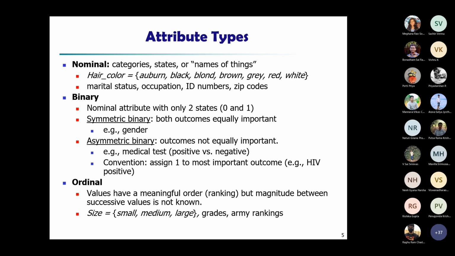Now, next is binary attribute. What is a binary attribute? It is a nominal attribute with two states, 1 and 0. That is also not a numeric value, it's just 1 and 0.